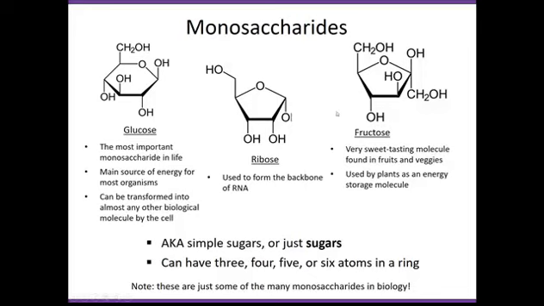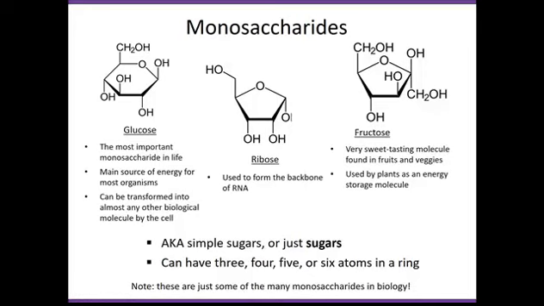Another example of a monosaccharide that we will need to know is ribose. You don't need to know the structure of these other two, just what they do. Ribose is used to form the backbone of RNA. Remember, we looked at our central dogma of molecular biology, DNA to RNA to protein, and we said, well, we kind of don't know what RNA is yet.